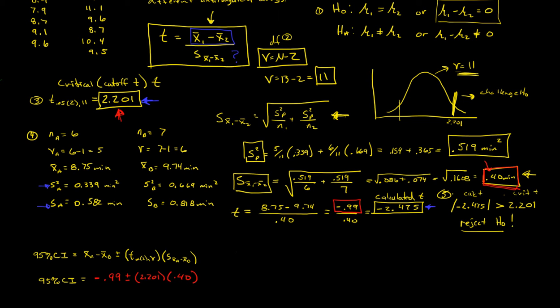So when you multiply these two out, add it to negative 0.99, and then take this cross product value and subtract it from negative 0.99, you'll get an interval.